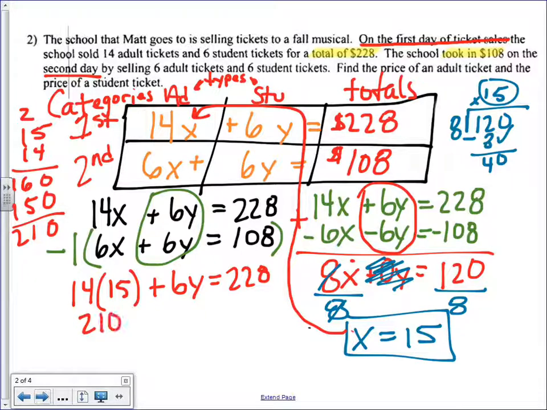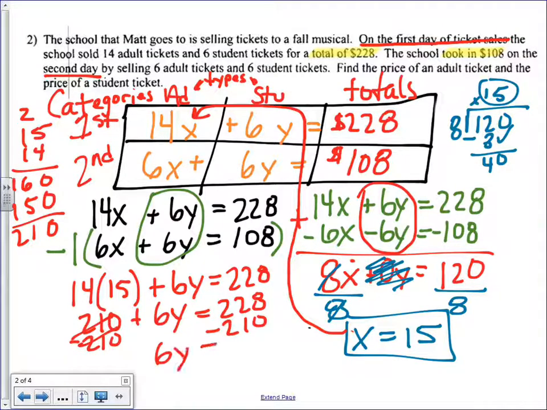So 210 plus 6y equals 228. Then we subtract 210, so 6y equals 18. In order to get y by itself, we divide by 6. y equals 3.